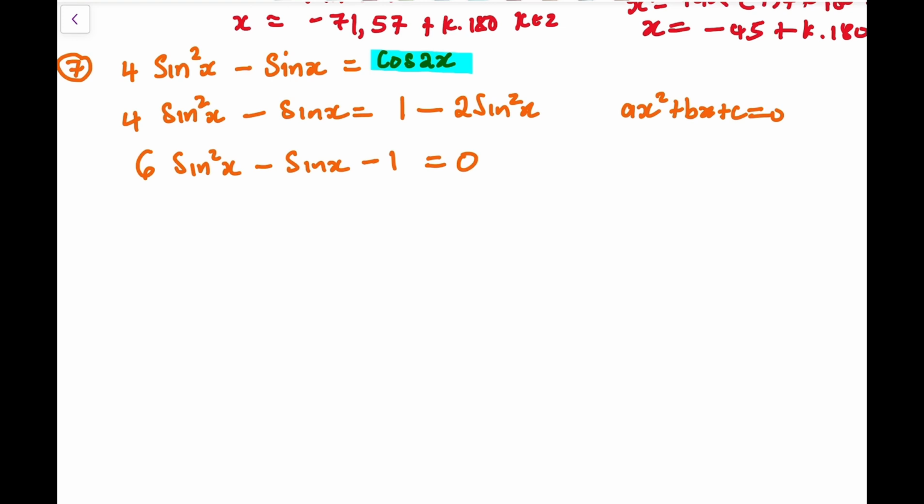Now, I need to factorize this. Remember, if you are not comfortable with factors, this is written in the form of ax squared plus bx plus c, so you can always use the quadratic formula.